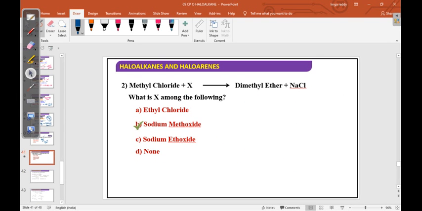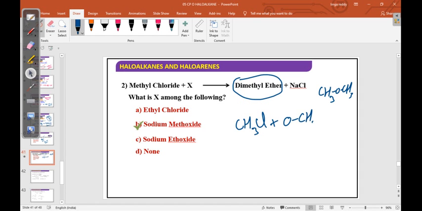First write the product structure, CH3OCH3. One is methyl chloride, what should be the other? Obviously methoxide, with Na plus, and this NaCl will be removed. So sodium methoxide is the answer.